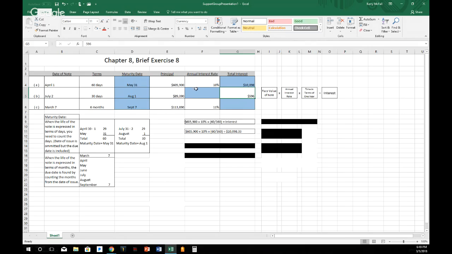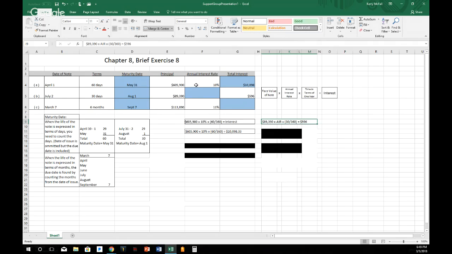The second one is a little bit tricky because it gives us our interest, but we need to find the annual interest rate in this case. So we plug in the numbers that we have. The face value of the note, which is that principal right there, $89,390.